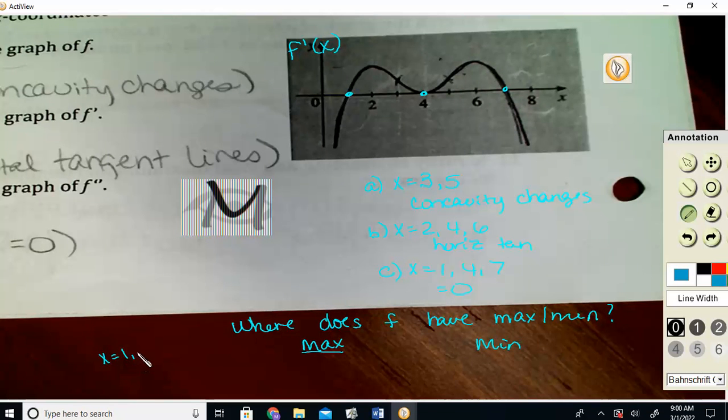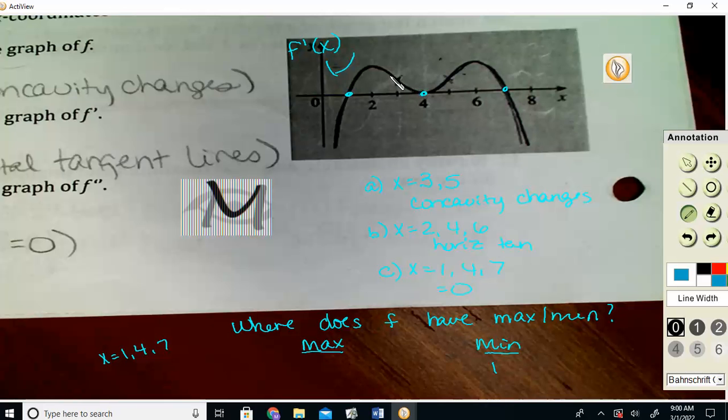So we know these 3 points. If your first derivative is negative, what does that tell you about the original graph? It was decreasing, and then the derivative was positive, so the graph was increasing. So what happens at 1? A max or a min? A min at 1.